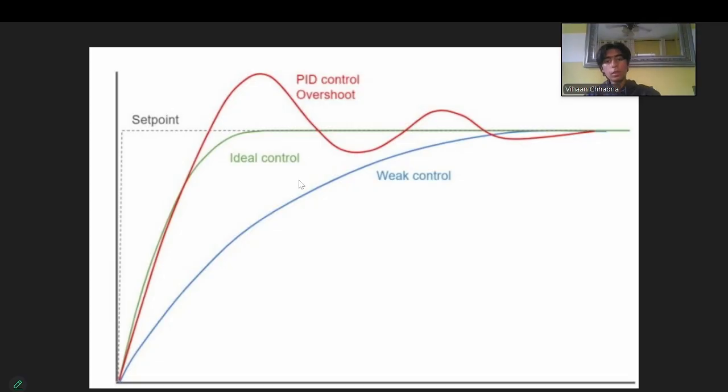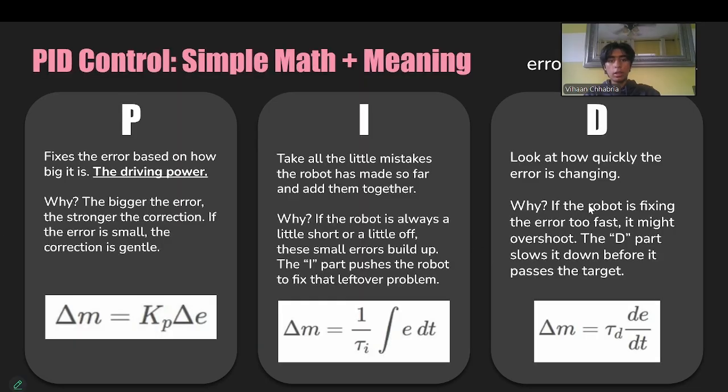So what the D derivative allows it to do is dampen the effect of P. And the way it does that is by using the derivative. In simple terms, in this equation, Kd is our derivative constant.